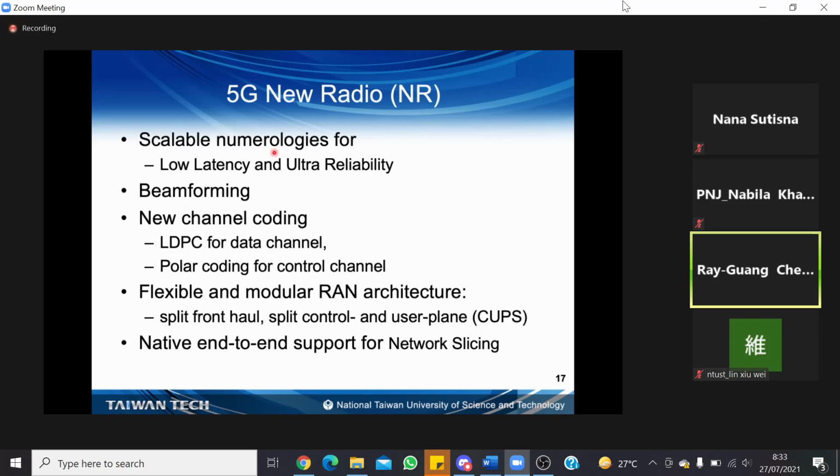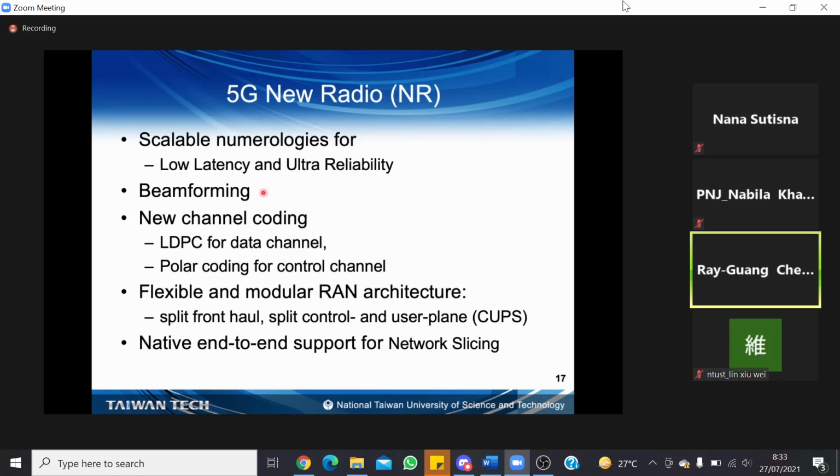Whenever you can use a higher bandwidth, you can use a smaller slot, so you are able to reduce the latency. You can also use dual connectivity to enhance the reliability.